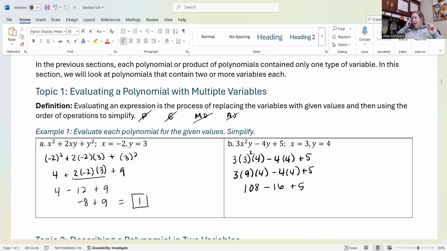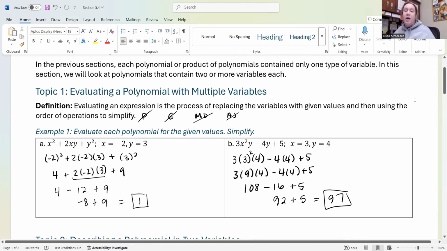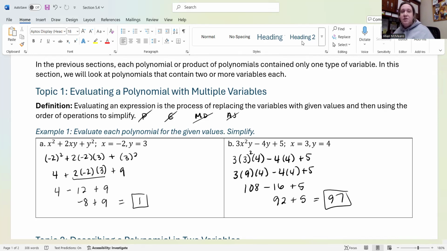So let's see, 108 minus 16 is 92. And then 92 plus 5 is 97. So if we evaluate 3x squared times y minus 4y plus 5 for x equals 3, y equals 4, you should get 97. Okay, so this is something that you've done before. We just wanted to remind ourselves of how evaluating works and just gently introduce the idea of polynomials with more than one variable.